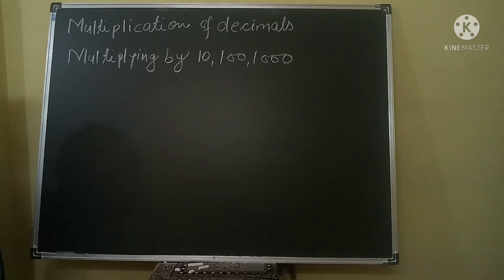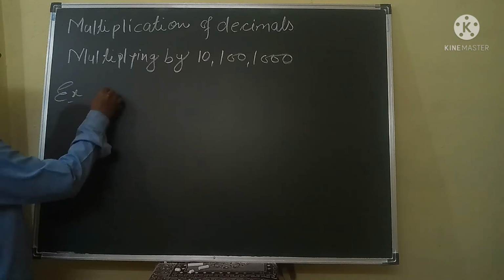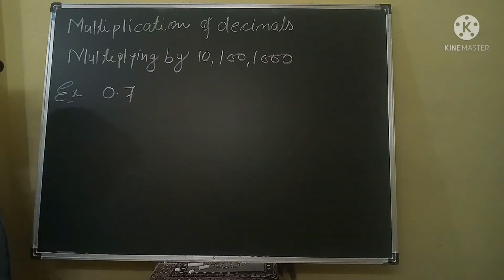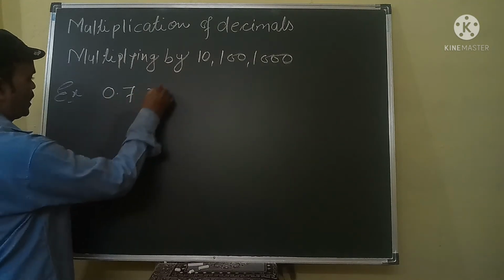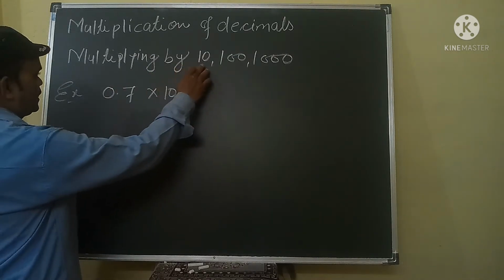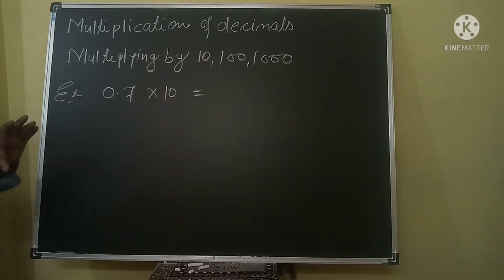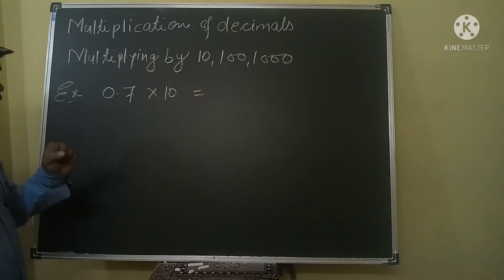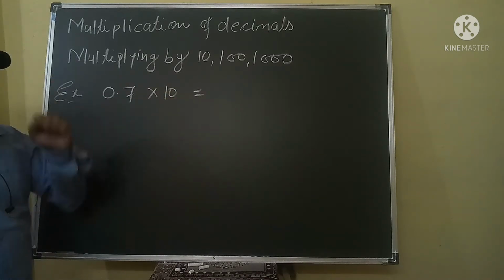So suppose you have one decimal number. Suppose this is, for example, 0.7. Okay. And 0.7 multiplied by 10. For this topic, suppose you have one example, 0.7 multiplied by 10.